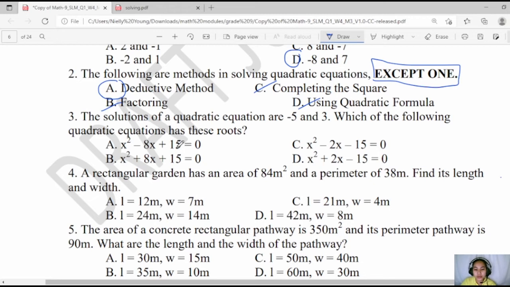Number 3, the solutions of a quadratic equation are negative 5 and 3. Which of the following quadratic equations has these roots? So that is x. Since that is negative 5, transpose it, that becomes positive 5. And then x, this is positive 3, transpose becomes negative 3, equals 0.